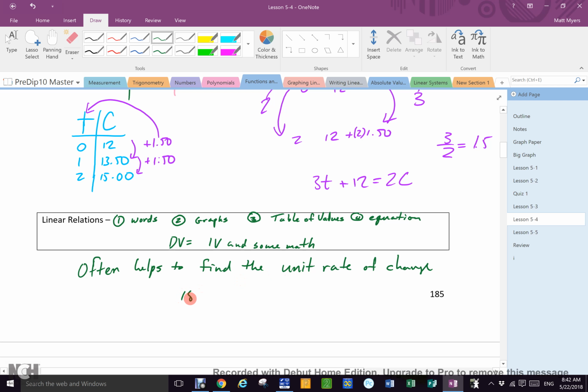And I'll give you that example. 180 km in 4 hours doesn't really help me. But if I can change that to 1 hour, 45, now I'm in good shape, because that's the beginning of the math that is happening to my independent variable. Everybody cool?